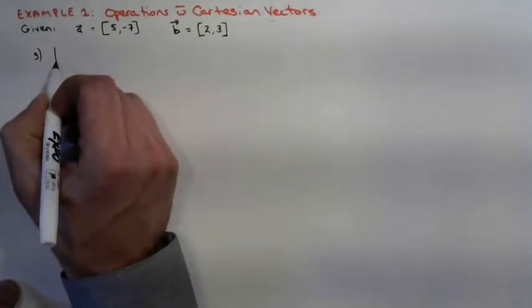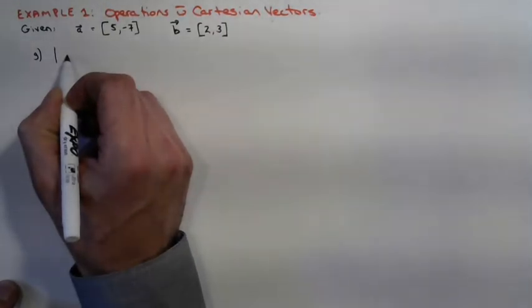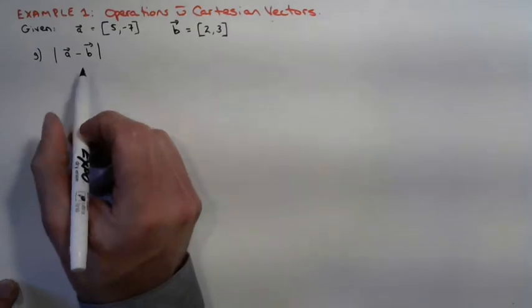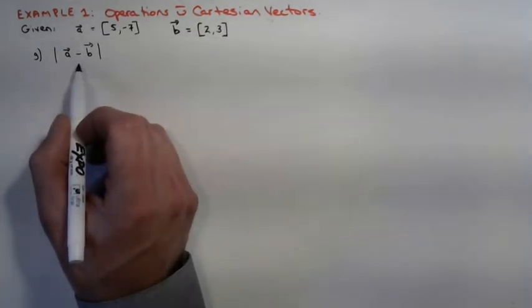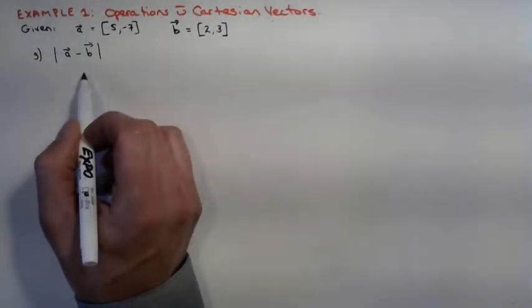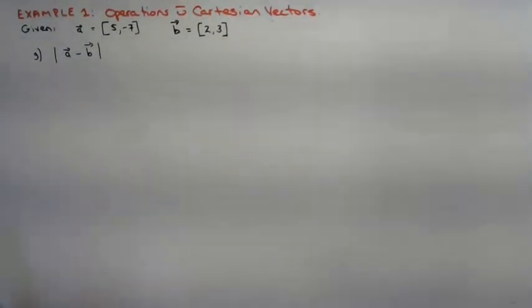In G, we're asked to get the absolute value of vector A minus vector B. So we know we're just talking about the magnitude. Our final answer is only going to be a magnitude, where direction is not important. So what are we going to do here?